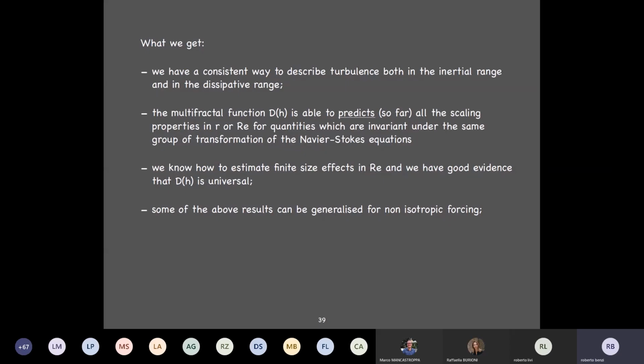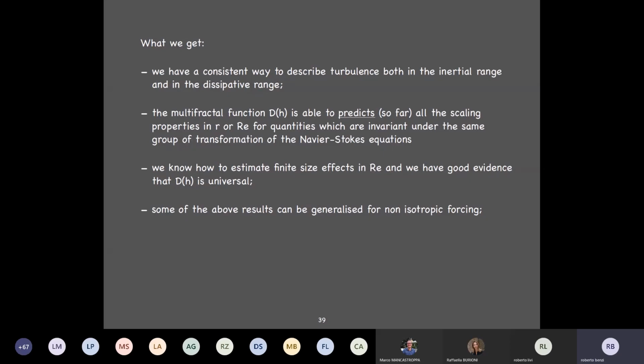So we have now an approach which so far doesn't present anything which is not observed or verified by numerical and experimental data.